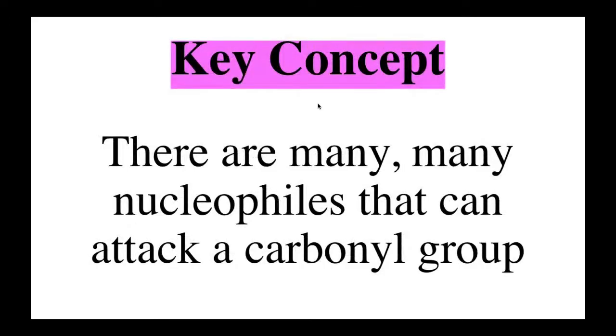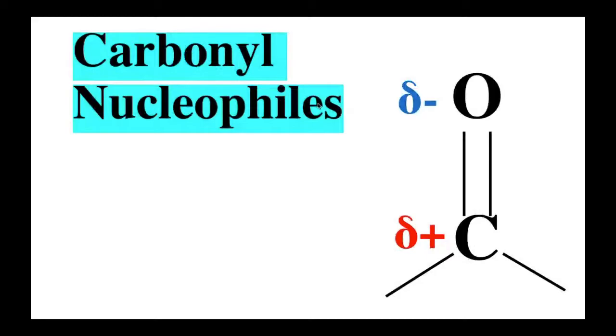My point is that there are many, many nucleophiles that can attack a carbonyl group. And that's because, as we mentioned, the carbonyl group is an awesome electrophile. In this chapter, there are 5 different classes of nucleophiles that will attack your carbonyl group.